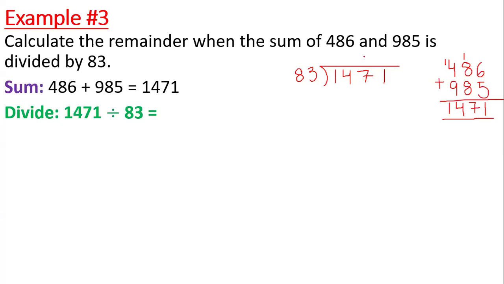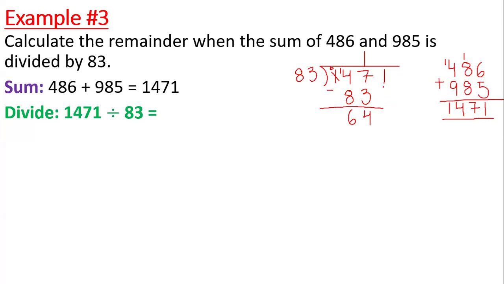Once, because if you try to do it twice, it'll be too much. So once. 83 times 1 is going to be what? 83. Minus. So we have 7 minus 3, which is what? 4. 4 minus 8, we can't do that. That's going to be 0 up top. 14 minus 8 is what? 6.